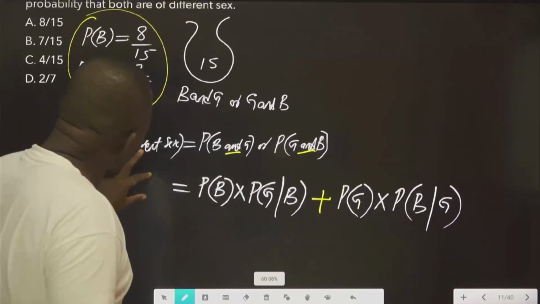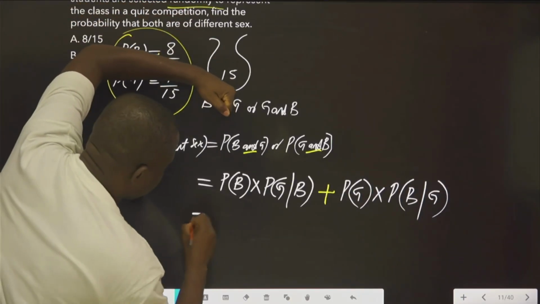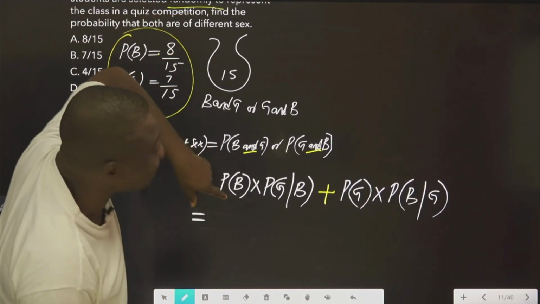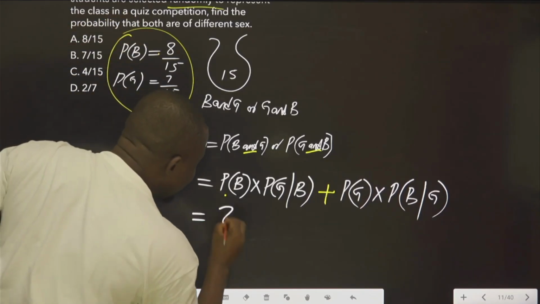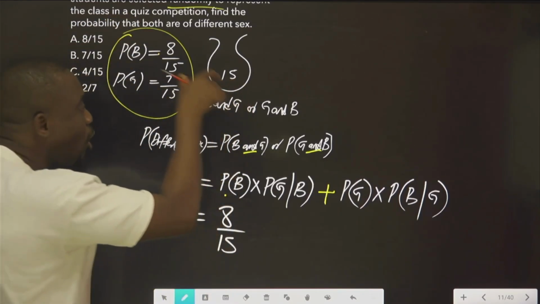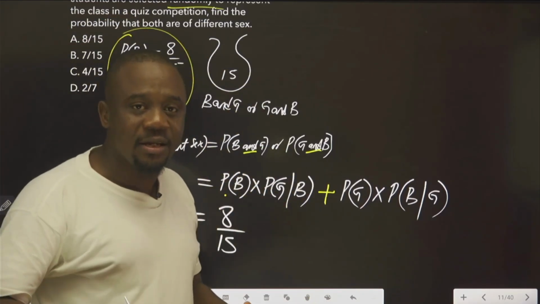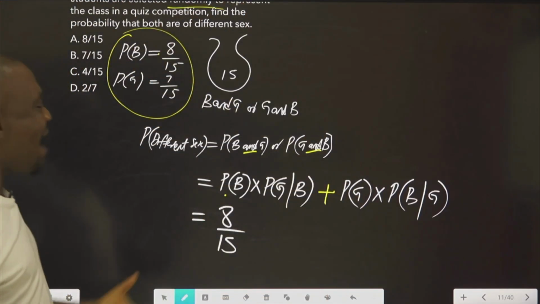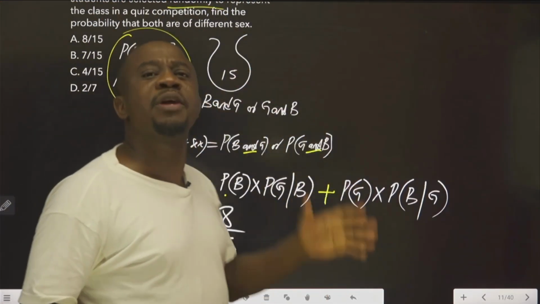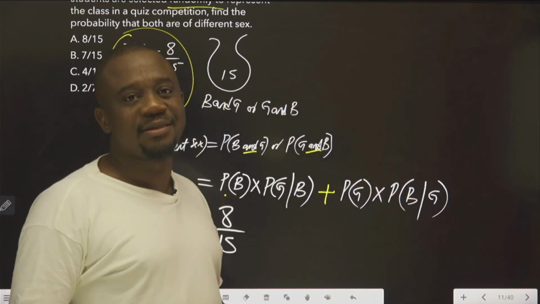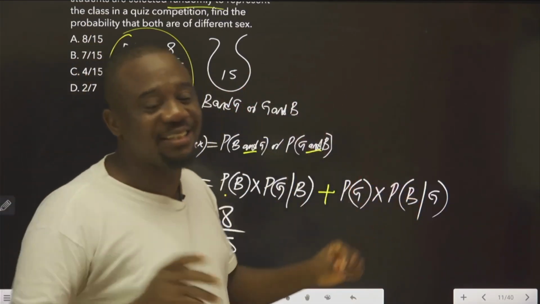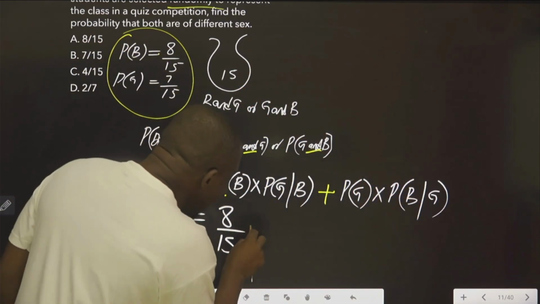It depended because when I put my hand, I brought out a boy, right? That is 8 over 15, because this bus or the class contained 15. Then I brought out one person. After I brought out that first person, how many will be remaining in the bus or in the class? 14. It means now they have been reduced.